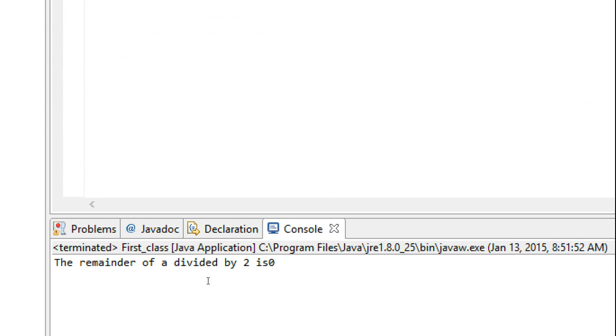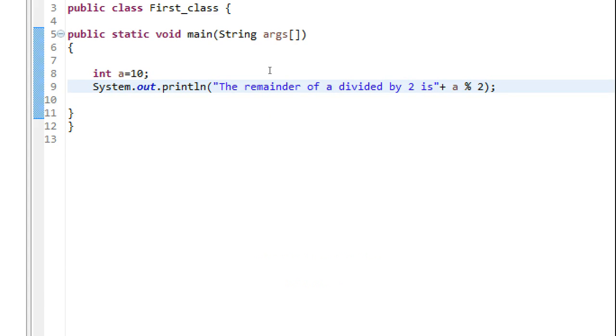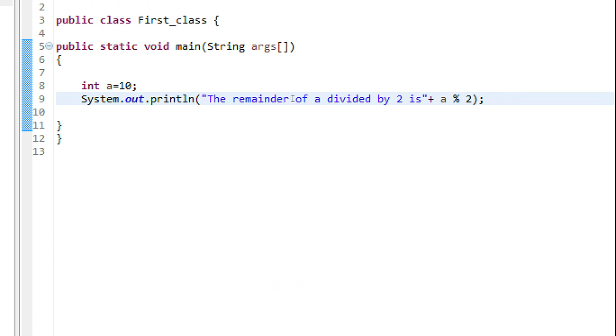And here you see the remainder of a divided by 2 is 0, because a is 10, and if I divide 10 by 2, I get a remainder of 0, since 10 is perfectly divisible by 2. Now suppose I have 9 here.